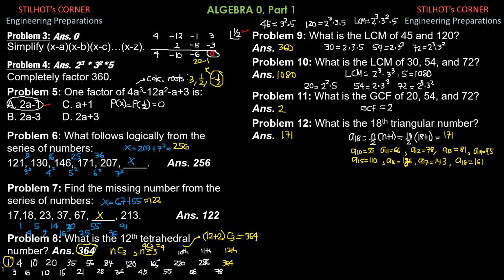So A13 is 78 plus 13. This is wrong, because 78 plus 13 is 91, not 81. So this is 91 plus 14, 105.